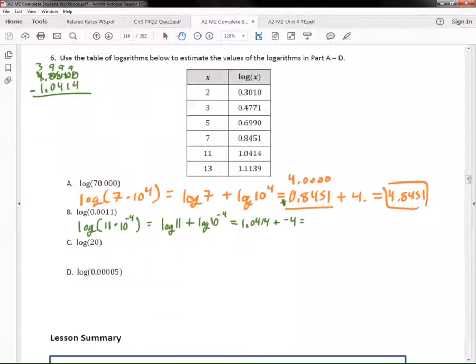Man, I had to borrow a lot right there. What is 10 minus 4? 6. 9 minus 1? 9 minus 4? Then we have 9.2, yeah? Yep. So we got negative 2.9586.